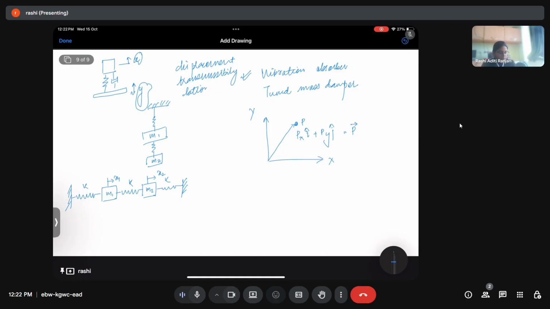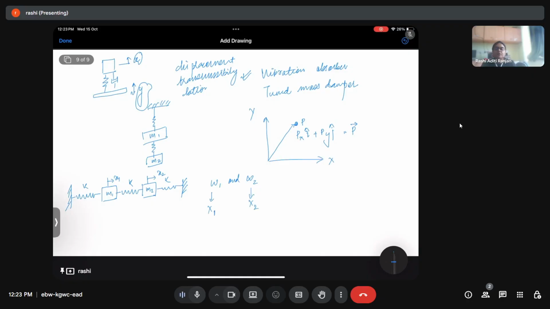So how do we proceed with this kind of a system? We are going to have two frequencies, omega 1 and omega 2. Corresponding to omega 1, we are going to have an eigenvector x1, and corresponding to omega 2, an eigenvector x2.